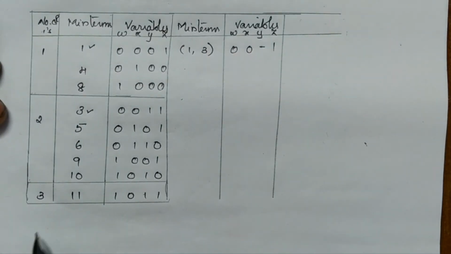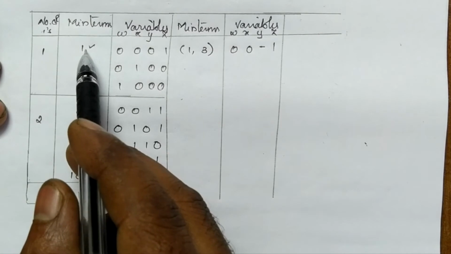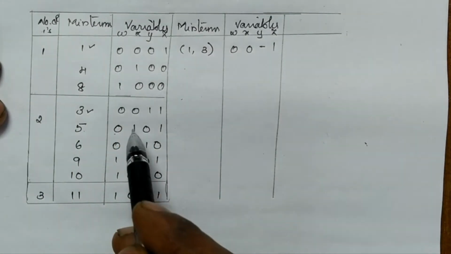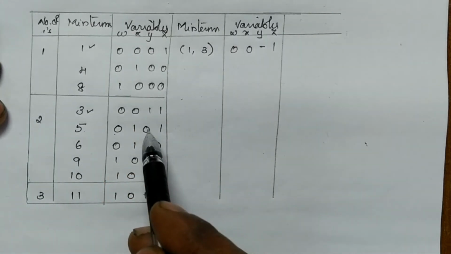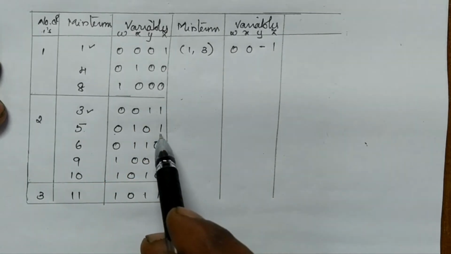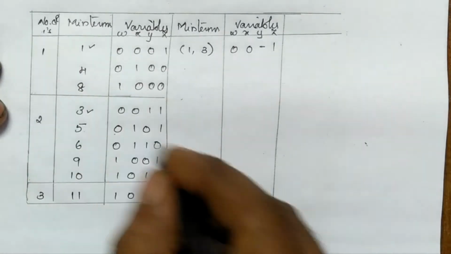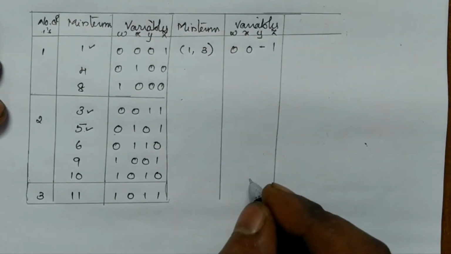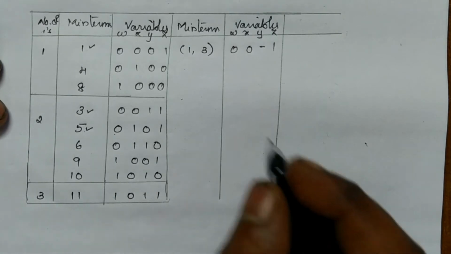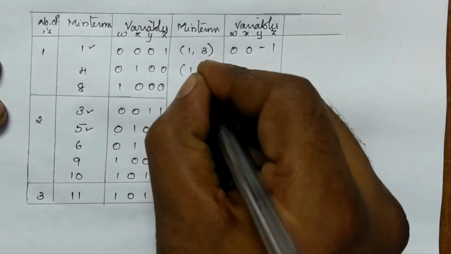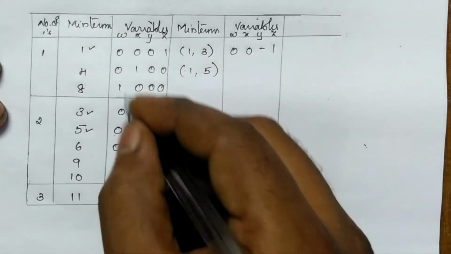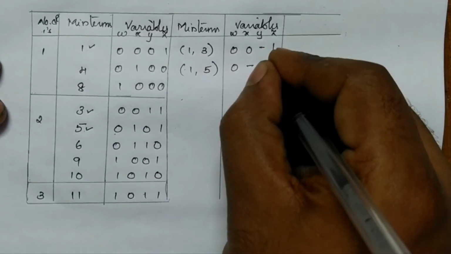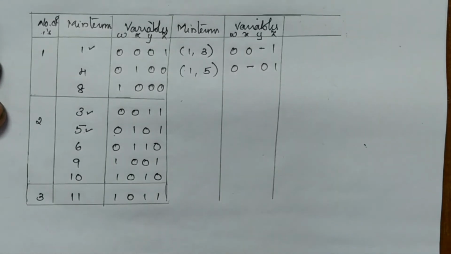Likewise we check the next one, 1 and 5. The first bit is 0, the second bit has a 0 1 change, third bit is 0, fourth bit is 1. There is only one bit change, therefore 1 and 5 form a group, 1, 5, with value 0 dash 0 1.